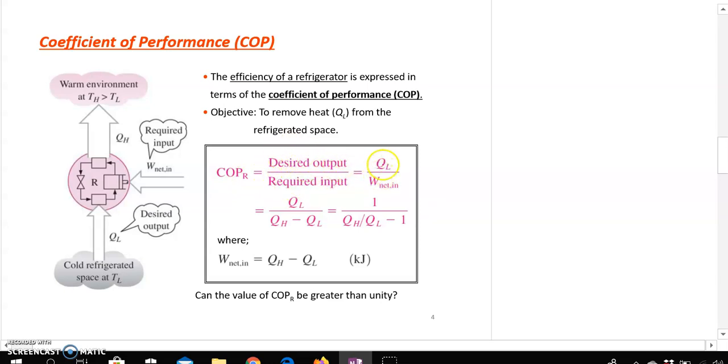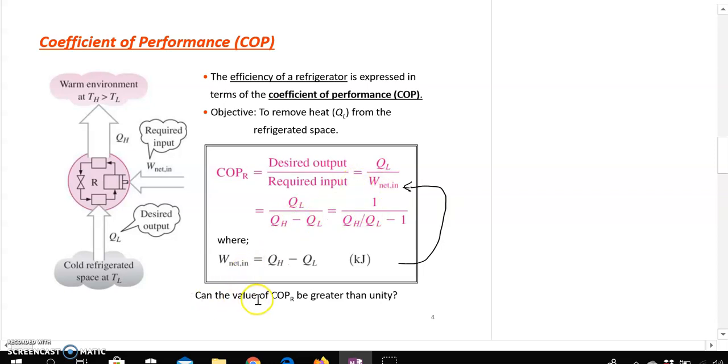Since our desired output is QL, it is QL divided by W net in. If you recall, W net in is equal to QH minus QL. Just replace this equation and you will get QL over QH minus QL. It depends on your data, so you can use any of these three equations.